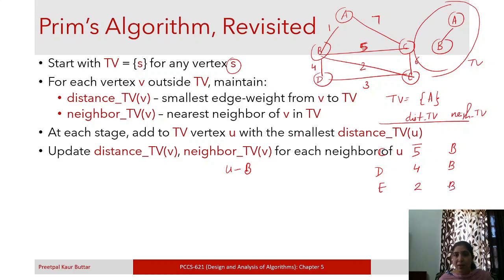Here B will come. Okay, so again we will repeat the same thing. Out of these we will pick the vertex U with the smallest distance. So we will pick E. Now our TV contains E. Okay, and now we will update this distance and neighbor values for C and D. C is able to reach this TV through E also.